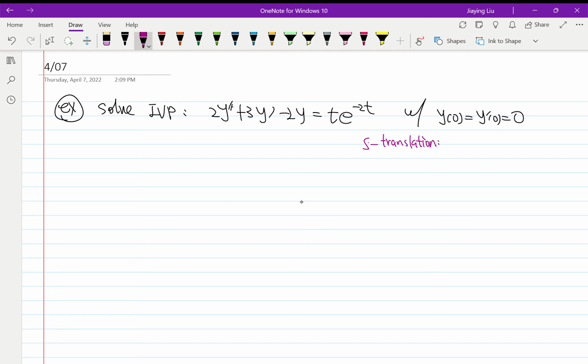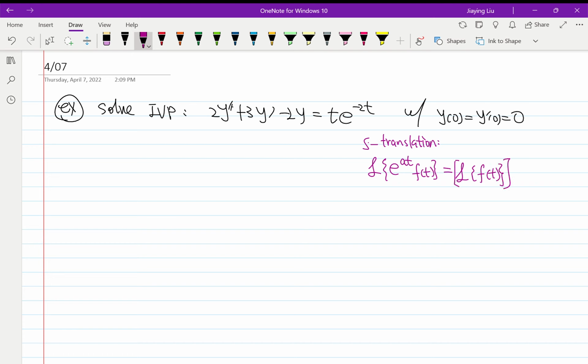Which says that if we find the Laplace transform of e to the at f of t, what we could try to do is just take the e to the at outside, ignore it for a while, and find the Laplace transform of f of t first.